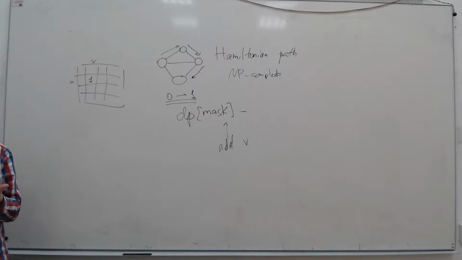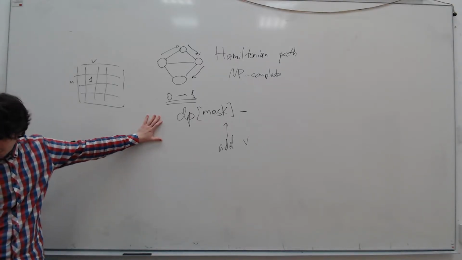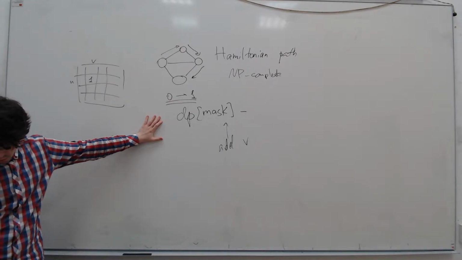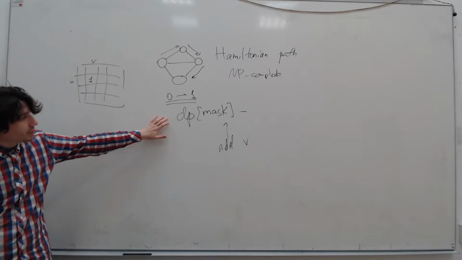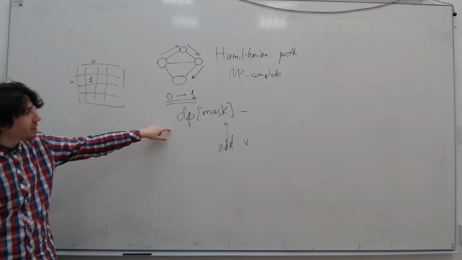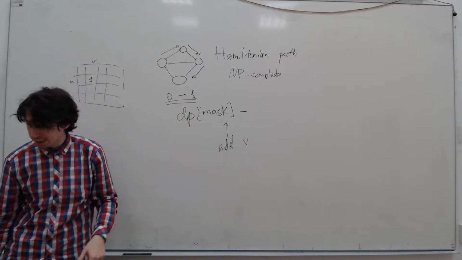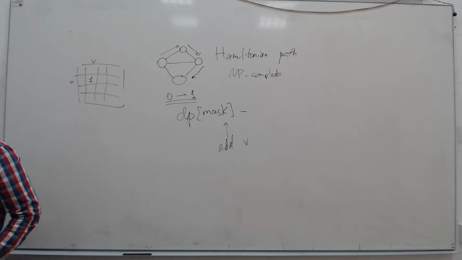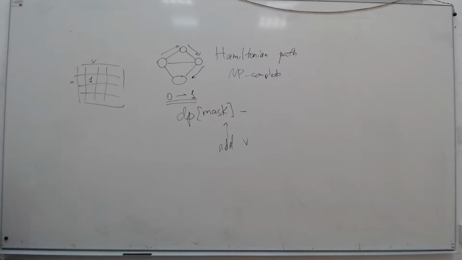This was the dynamic programming. Just all the vertices, I guess. What? All the vertices? No. What is this dynamic programming itself? What does dp mask mean? What will it hold inside it?